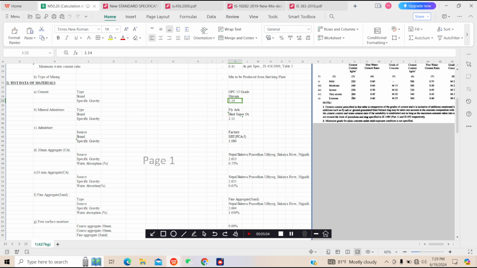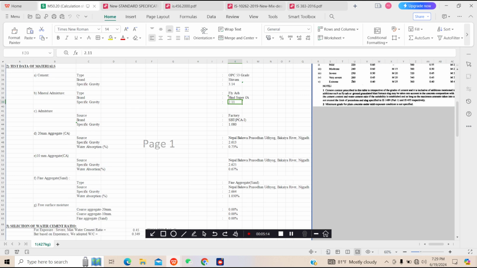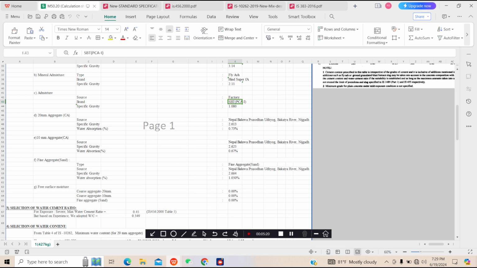we are using is the Hind Super FA, whose specific gravity we have calculated in the lab was 2.11, and the chemical admixture we are using is the SBT, this is a Chinese admixture, and the specific gravity which we have found out was 1.08.